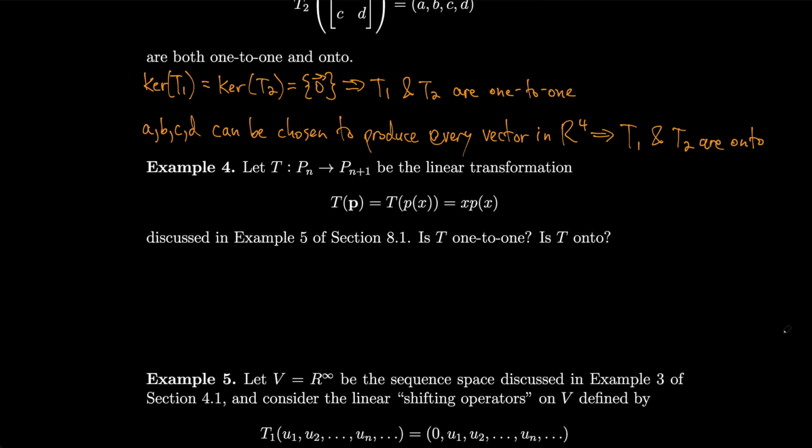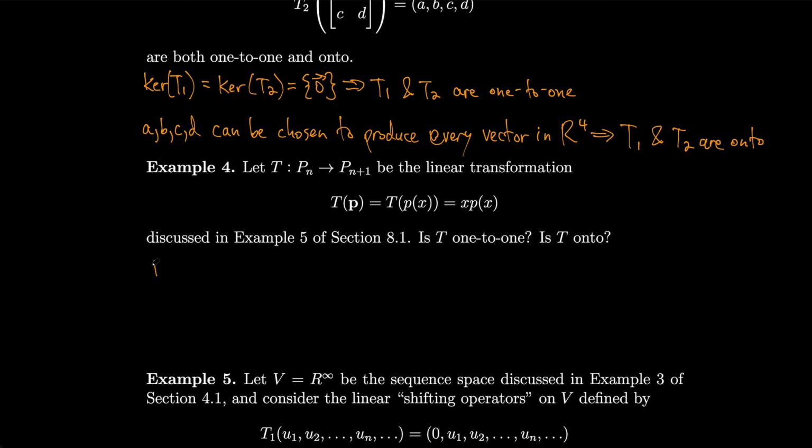Next up, let T from Pn to Pn plus 1 be the linear transformation that sends p to x times p of x. We discussed this in example 5 of section 8.1. Is T one-to-one? Is it onto? Well, let's look at two different polynomials.